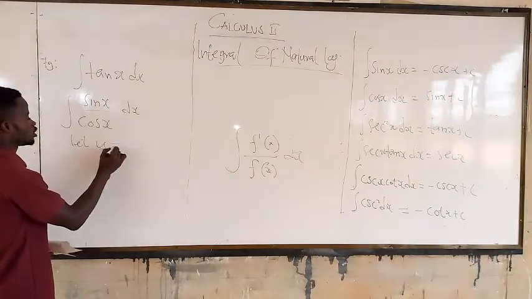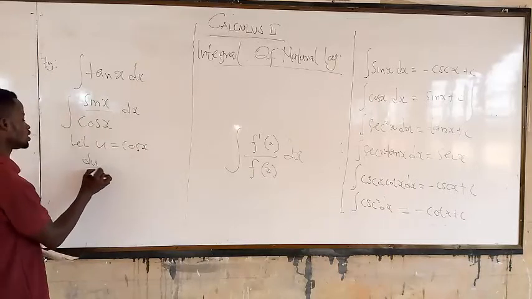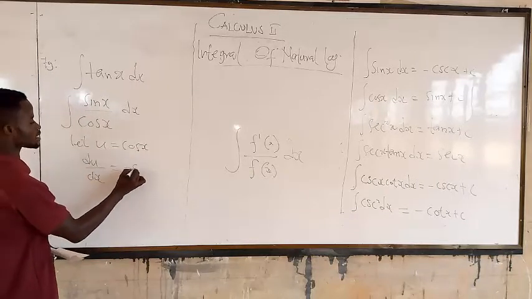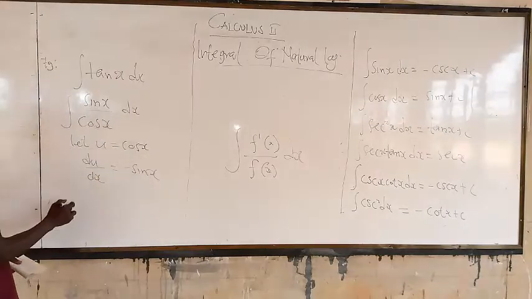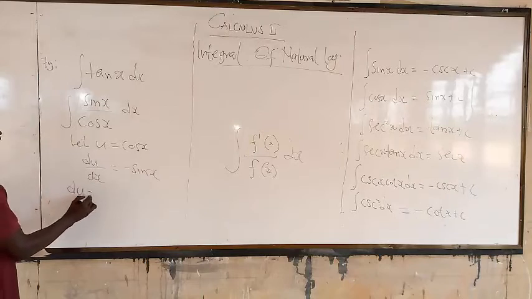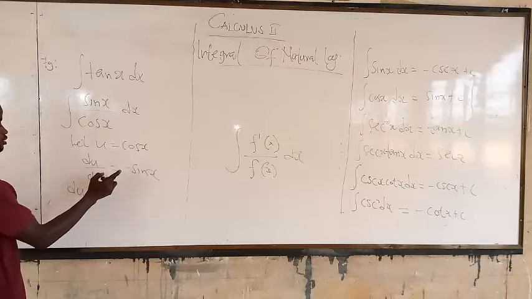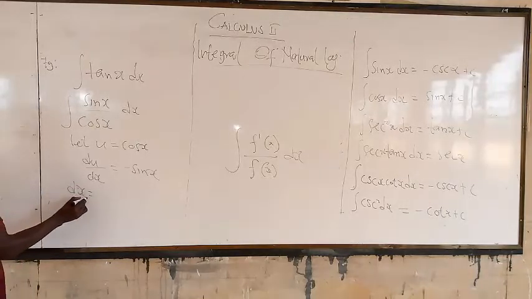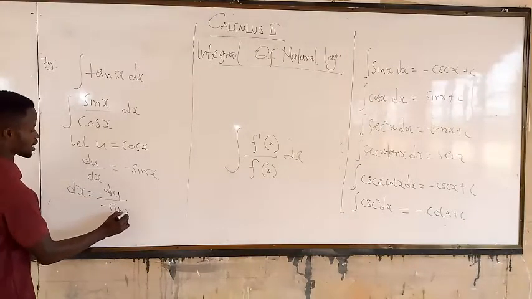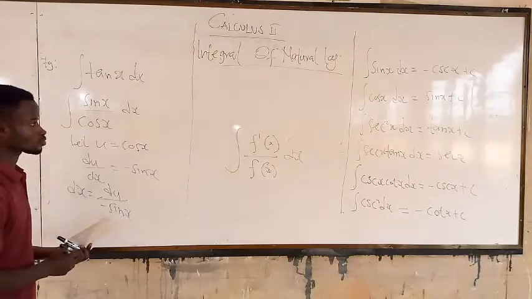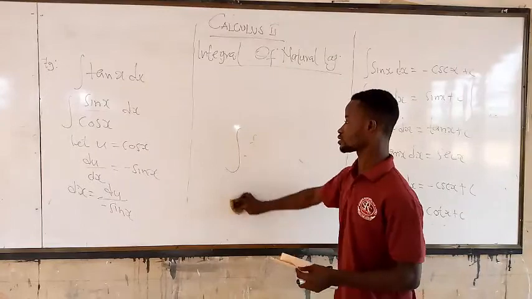Because looking at this, u is equal to cos x. So du/dx is going to be negative sin x, and we can get sin x in here. So du is equal to negative sin x dx, so dx is equal to du over negative sin x. Please, this idea is very important.